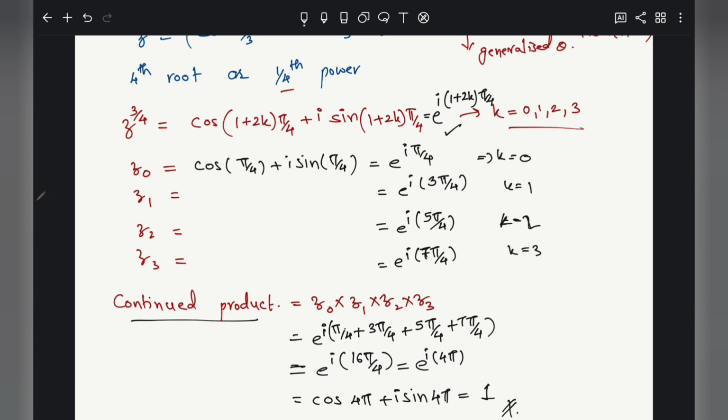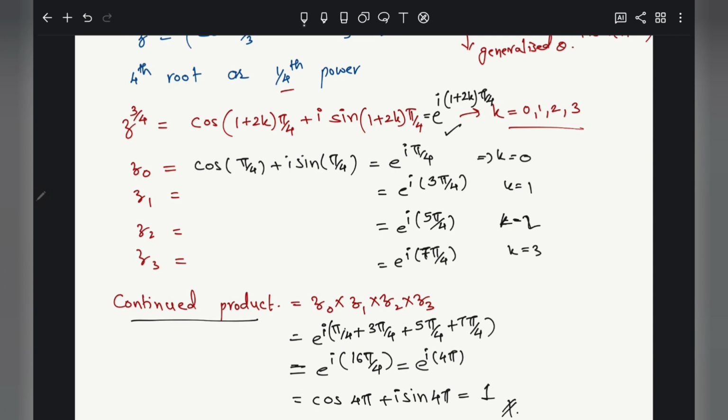Then the continued product of all these roots, but exponential multiplication corresponds to just addition of the powers. So we are getting the answer as e raised to i 4 pi, and that is nothing but cos 4 pi plus i sin 4 pi, and it is equal to 1.